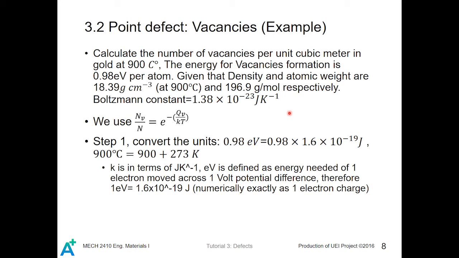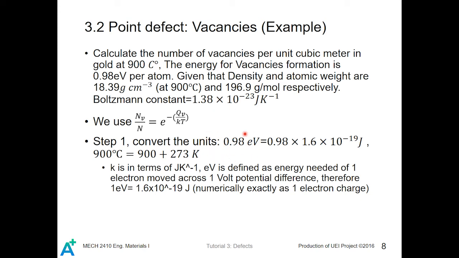Given that the density and atomic weight are 18.39 gram per cm cube at 900 degrees Celsius and 96.9 gram per mole respectively, the Boltzmann constant is equal to this value. If we use the equation introduced in the last slide, the first thing we need to do is convert the units.